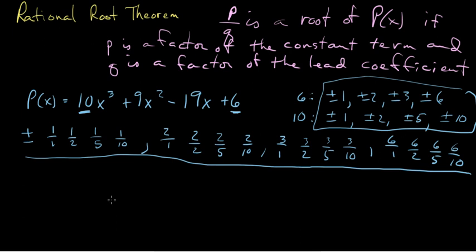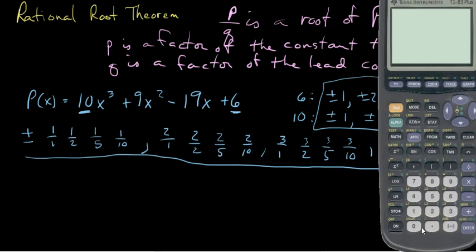So the next step is to go to a graph, and we're going to take a look at this graph. You see the top one here, 10x to the third plus 9x squared minus 19x plus 6.